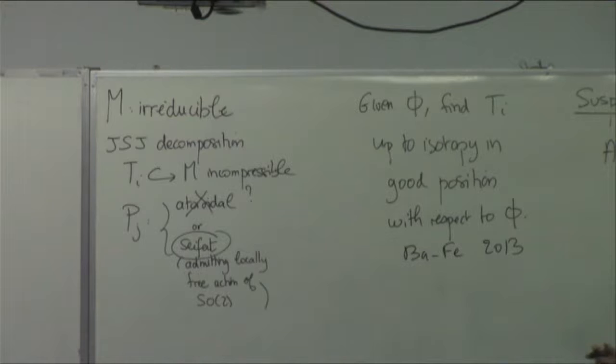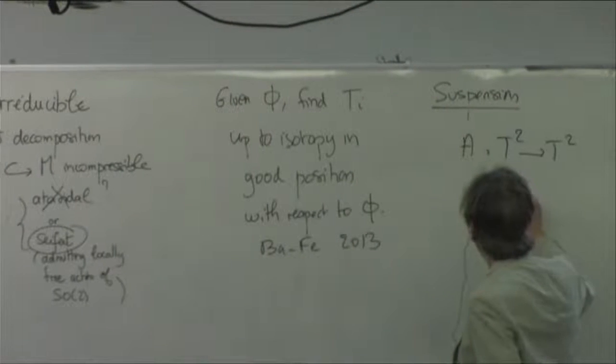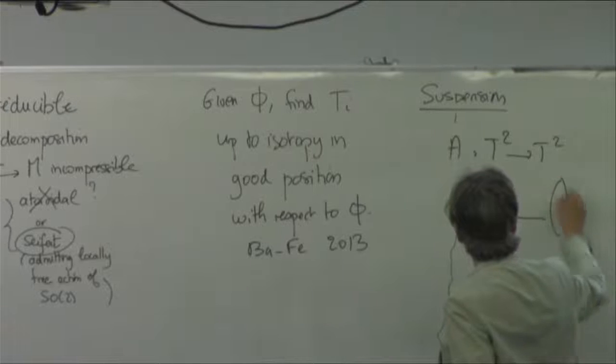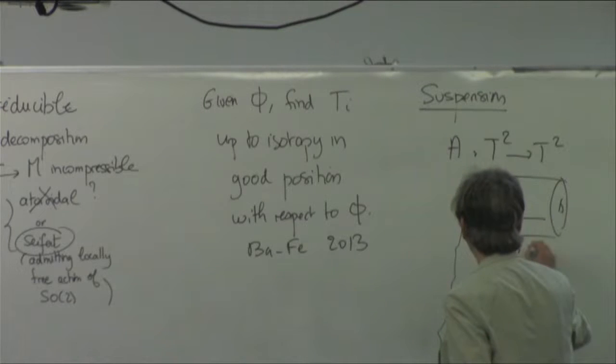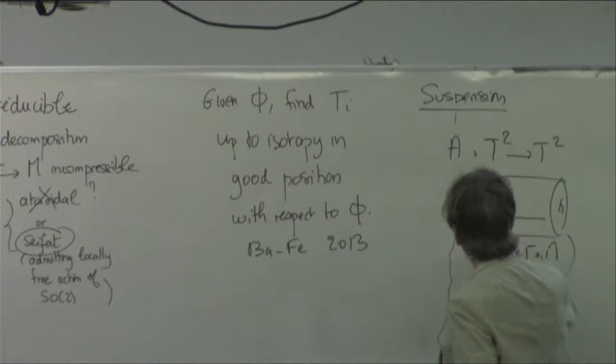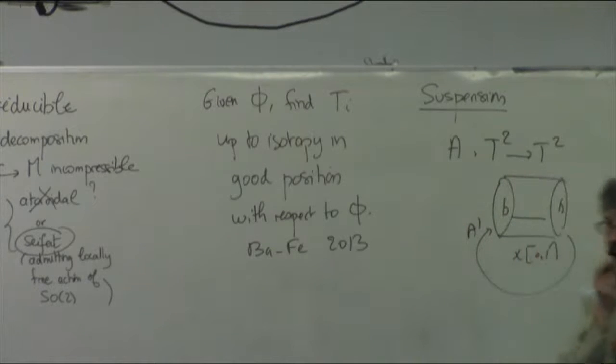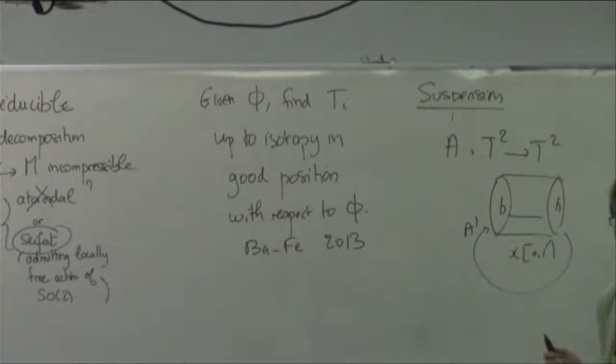We take some Anosov diffeomorphism of the torus and do the suspension. In this manifold, we have a transverse torus, which is in good position, and here is what we obtain after cutting along the transverse torus.